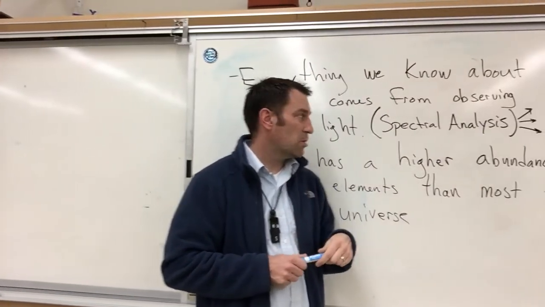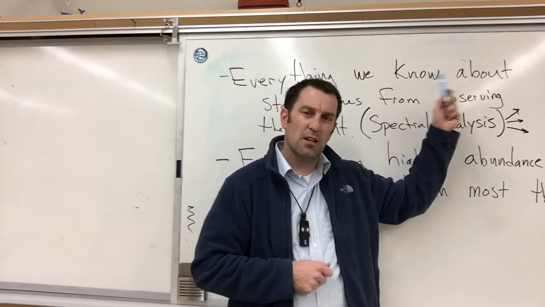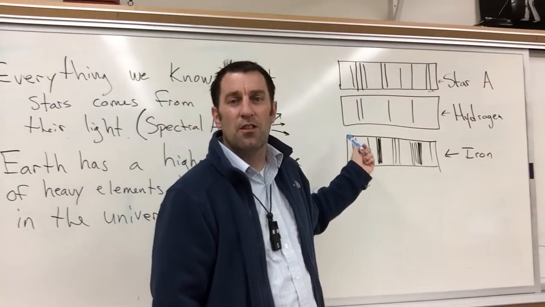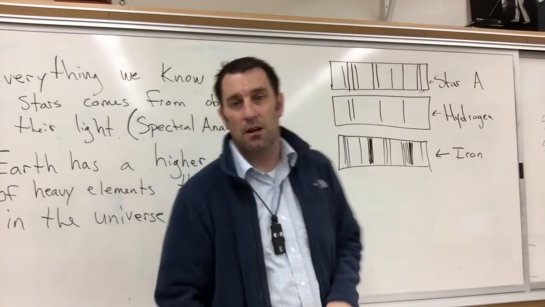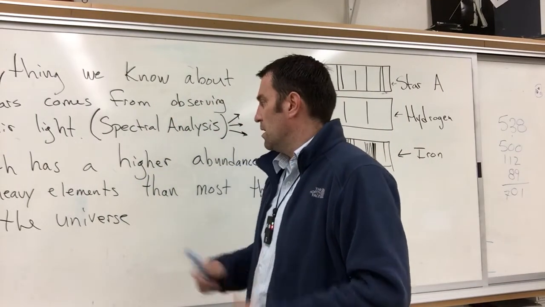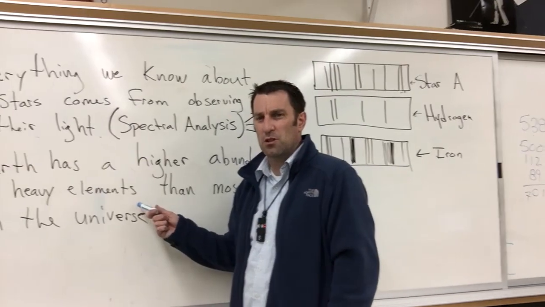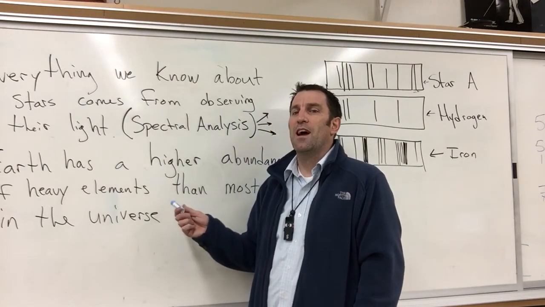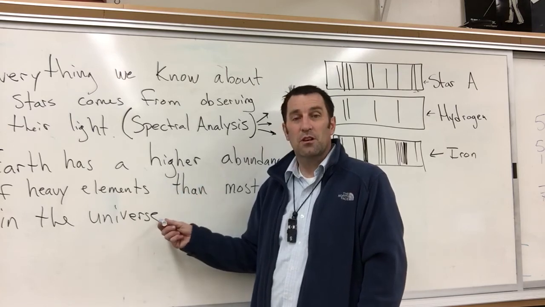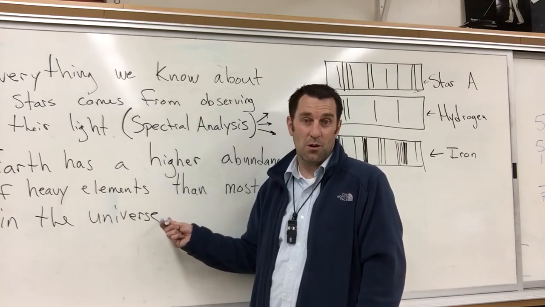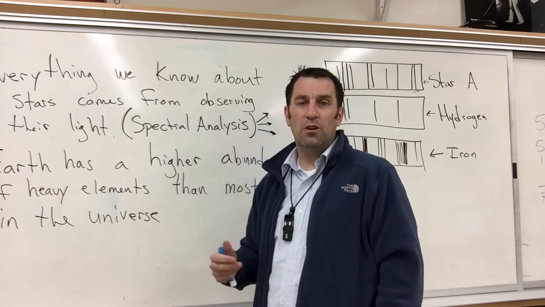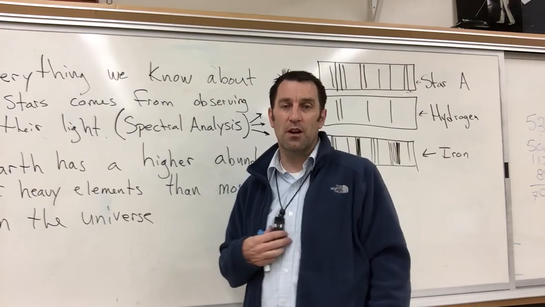The evidence to support that is that the elements on the planet Earth and the elements that we find in these stars are all similar. If they're all similar, we believe they must have a similar origin. And then make sure absolutely you know that planets like Earth have heavier elements than most stars, and that's because Earth came from a star that blew up. That's called a supernova, and that's when elements heavier than iron are made.